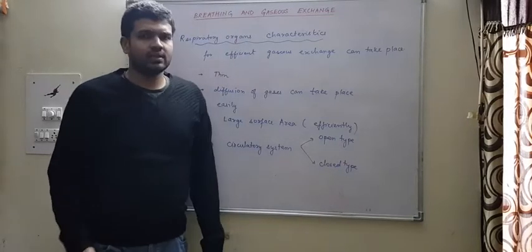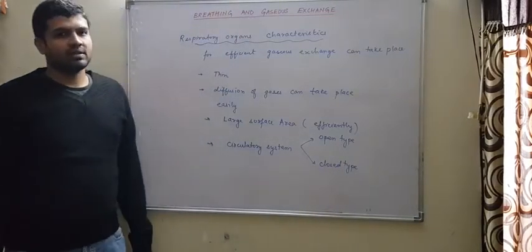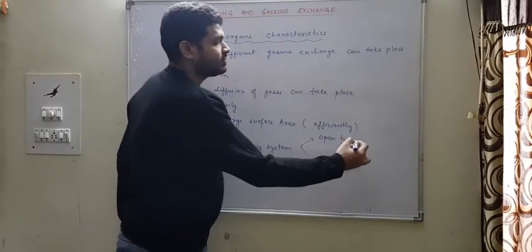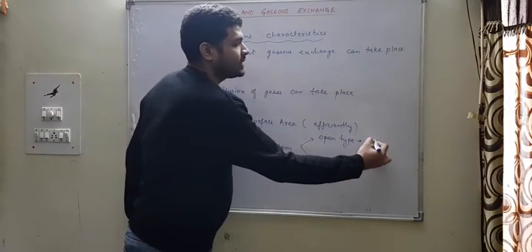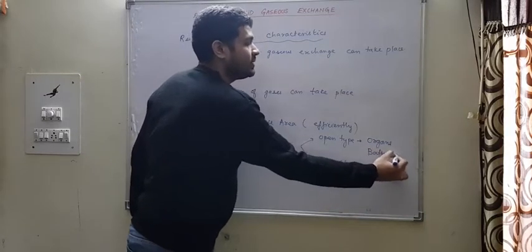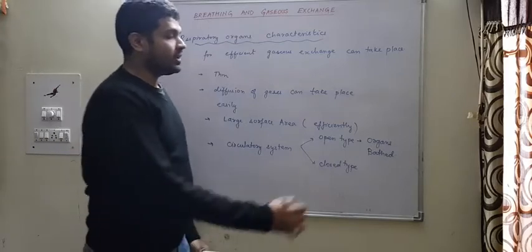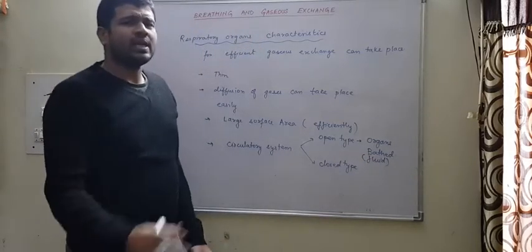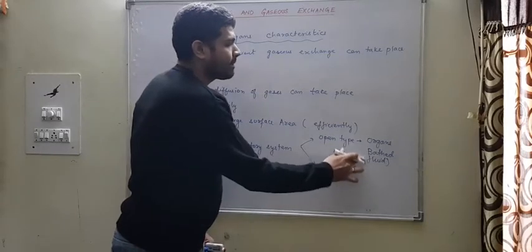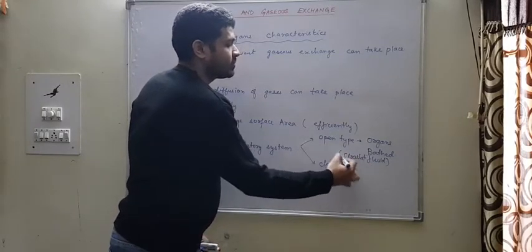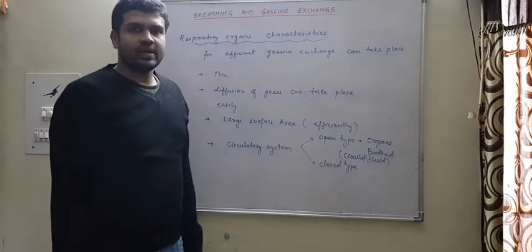In the open type of circulatory system, the organs are always bathed in the tissue fluid surrounding them, the circulating fluid.